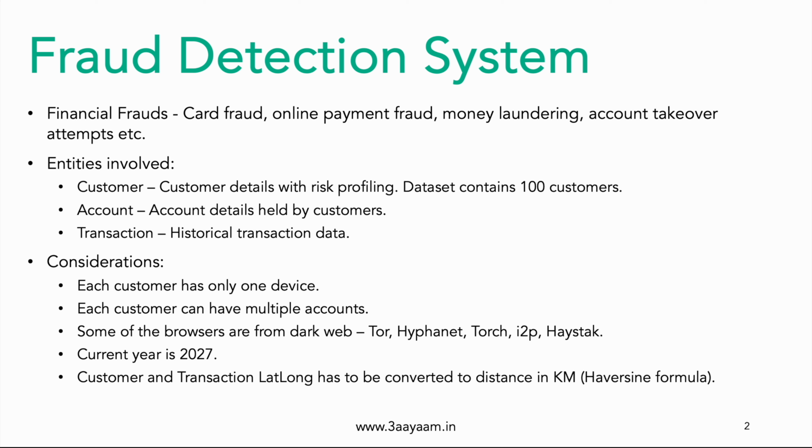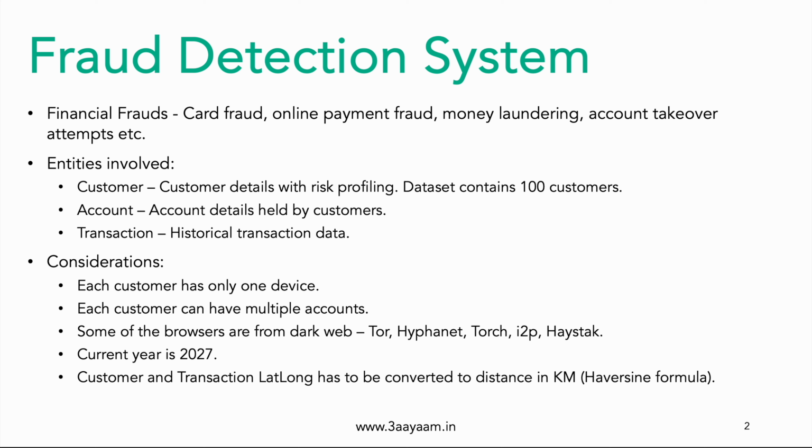There can be money laundering, and there can be account takeover attempts, etc. Card fraud and online payment fraud are pretty self-explanatory, but money laundering is where someone else, using your account, would try to send money to a third-party account, or to his or her own account. Account takeover attempts are fraudulent attempts which are meant to use your account credentials for that person's benefit.